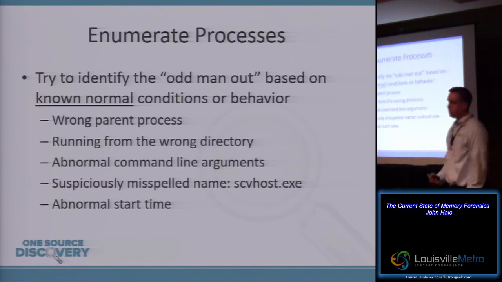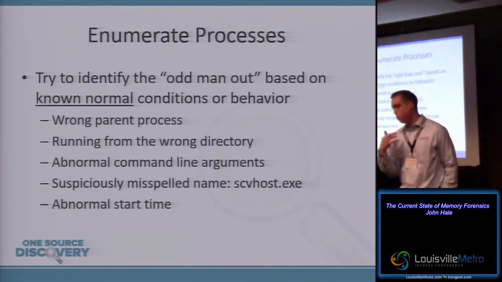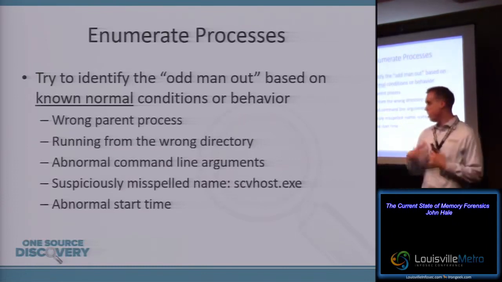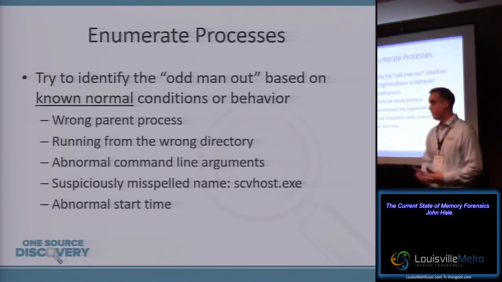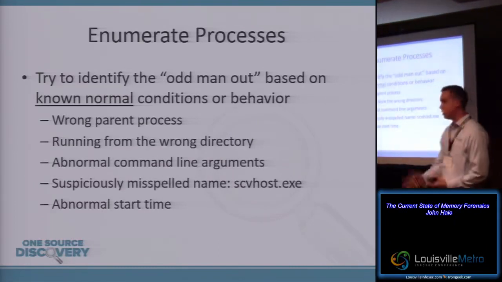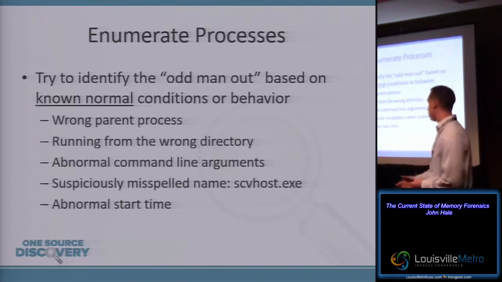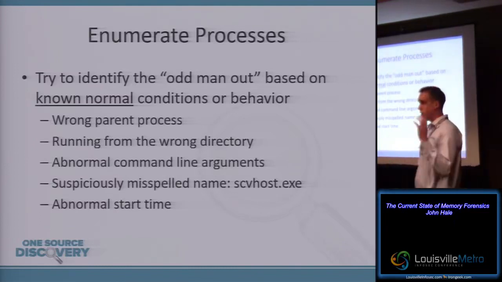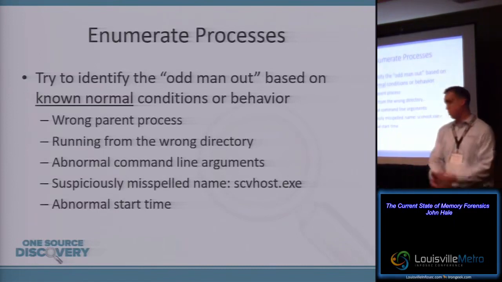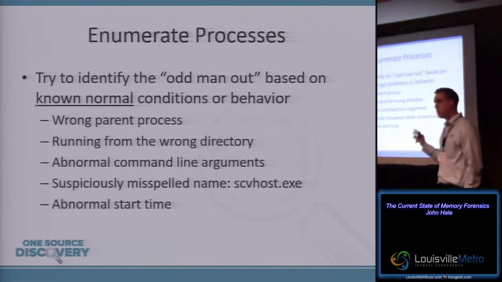And this is where baseline really becomes incredibly useful. If your organization is baselining memory, that's awesome. That is so useful for consultants or examiners coming in and trying to figure out what is going on in the system. If you've got a baseline or a gold image of how you know the system is supposed to look from a memory standpoint, it makes this process much, much easier.